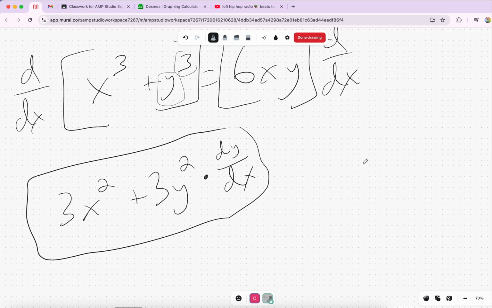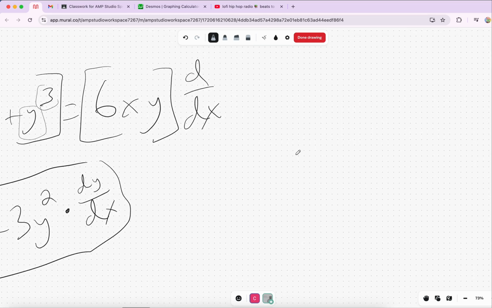And then let's do the other half. This is the product rule, right? We've got two terms, 6x times y. Two separate terms, product rule. And what's the product rule? Here, let's label the first one f of x and the second one g of x.